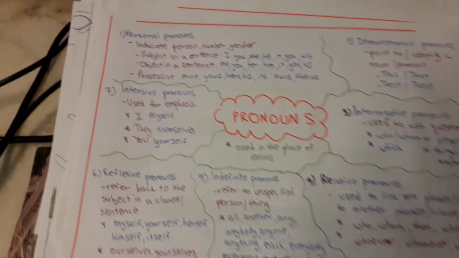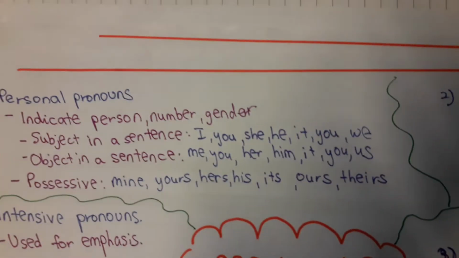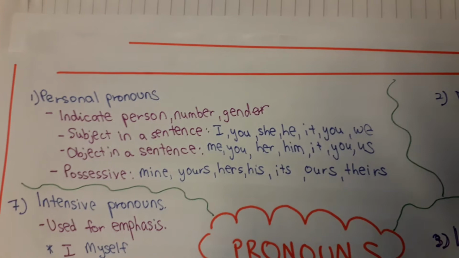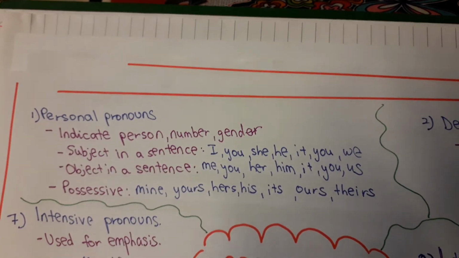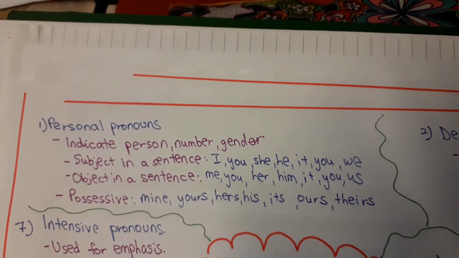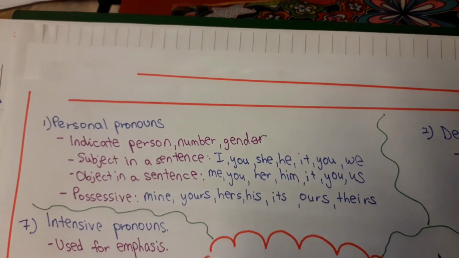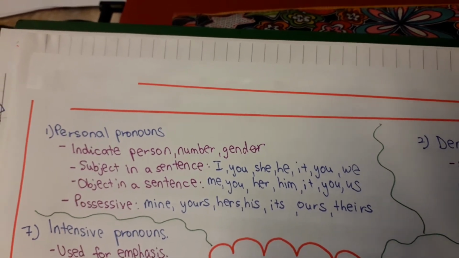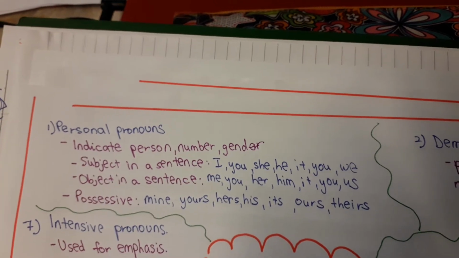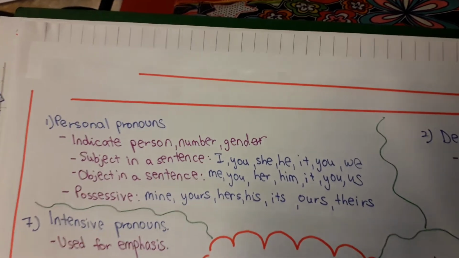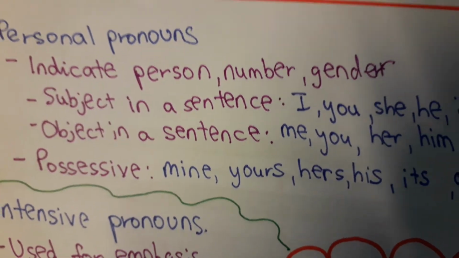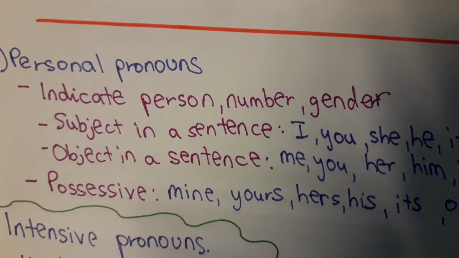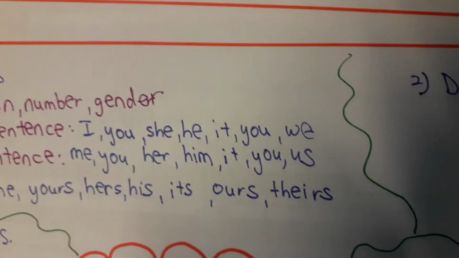Alright, the first one I would like to draw your attention to is something called personal pronouns. So it refers to a person or people and can also refer to something. So for personal pronouns, you can have them as subjects in a sentence.